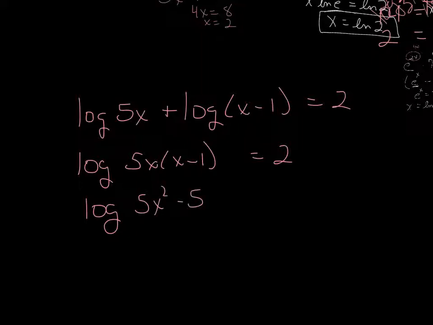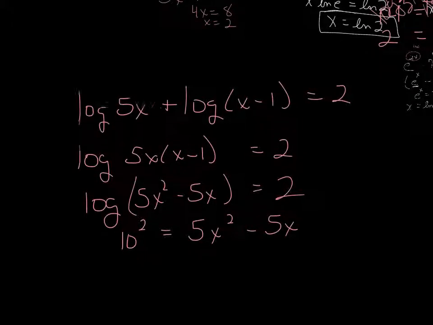Can I use a one-to-one property here? No. So what do I have to do? Quadratic. Is this natural log? No. What log is it? Base 10. So we rewrite it in exponential form. So 10 squared equals 5x squared.